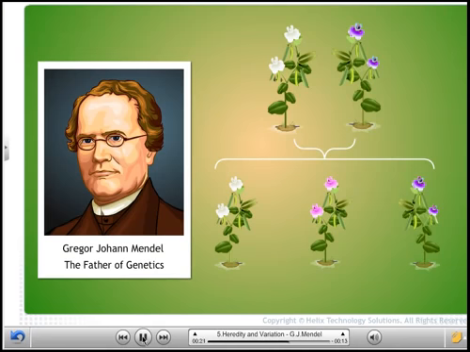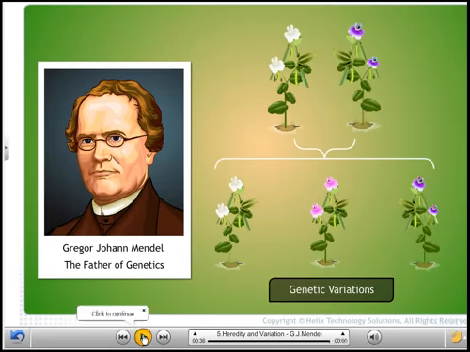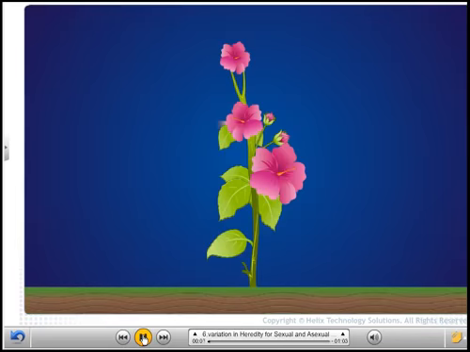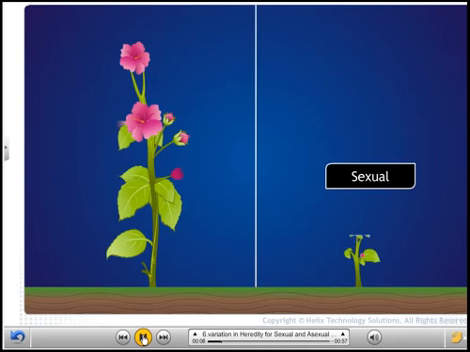He experimented with pea plants and found variations among them. Later, these variations were found to be genetic variations. Variations in heredity occur during sexual as well as asexual reproduction.